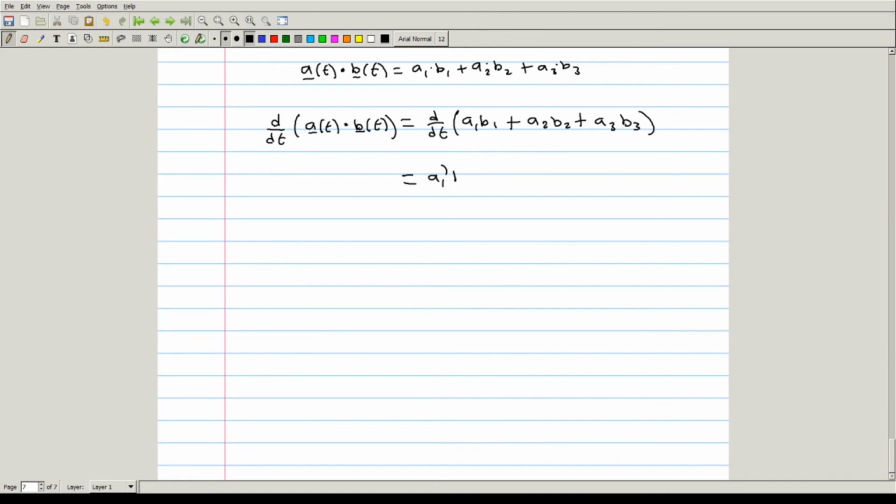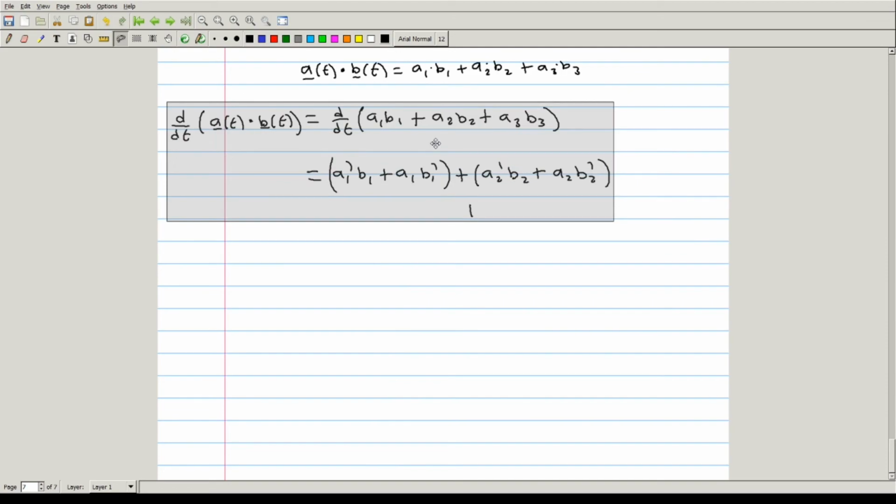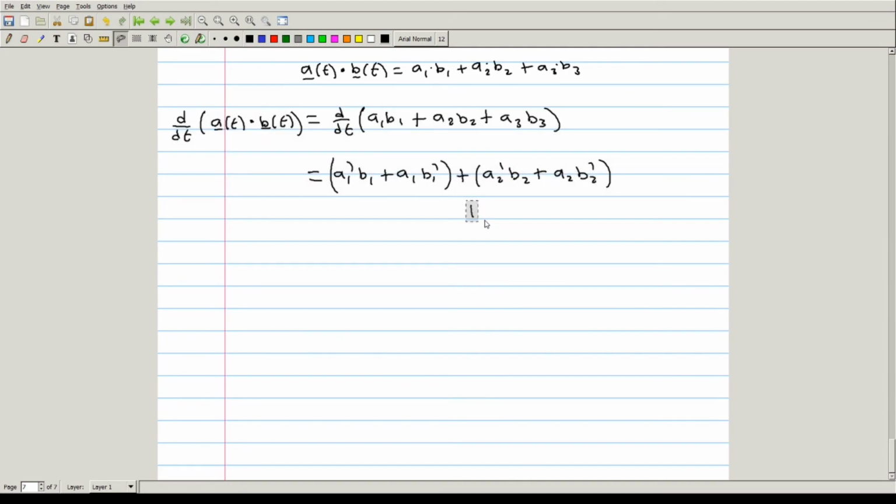So it's a1 prime times b1 plus a1 times b1 prime, plus a2 prime b2 plus a2 times b2 prime, and then lastly, a3 prime times b3 plus a3 times b3 prime.